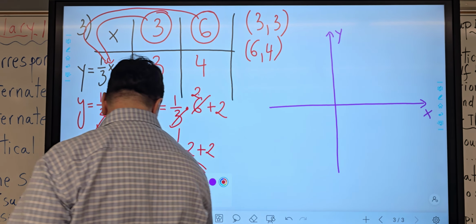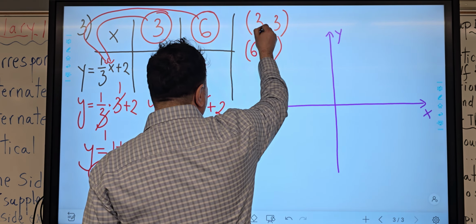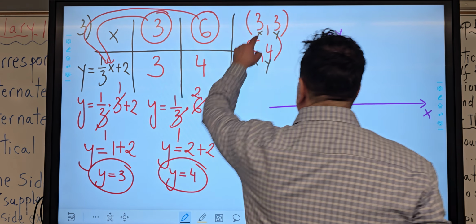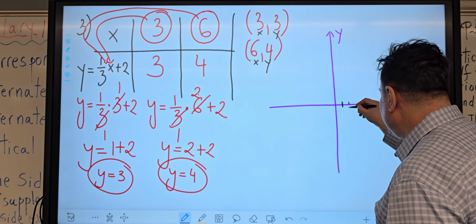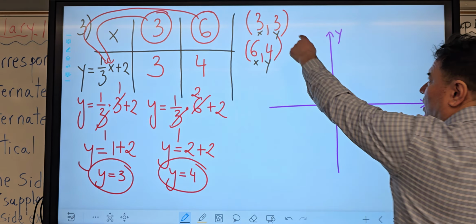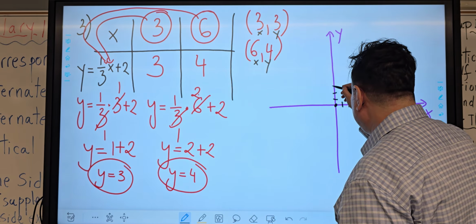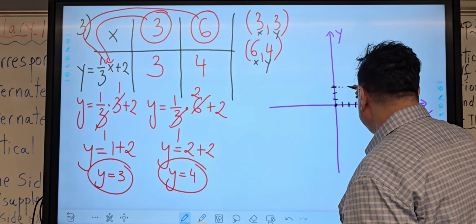Let's do that. Let's graph this one first. X, Y. X is 3, so we go 3 units to the right from 0. When x is 3, y is also 3, so we go up 3. 1, 2, 3. And then the point is right here.